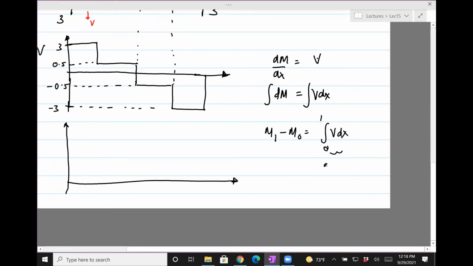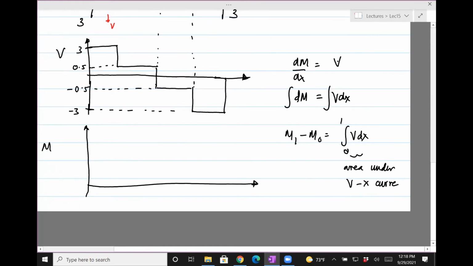This is basically the area under the V-x curve. That's how you compute the area. So we can actually use the area under the V-x curve to figure out the change in moment, and that's what we'll be using.